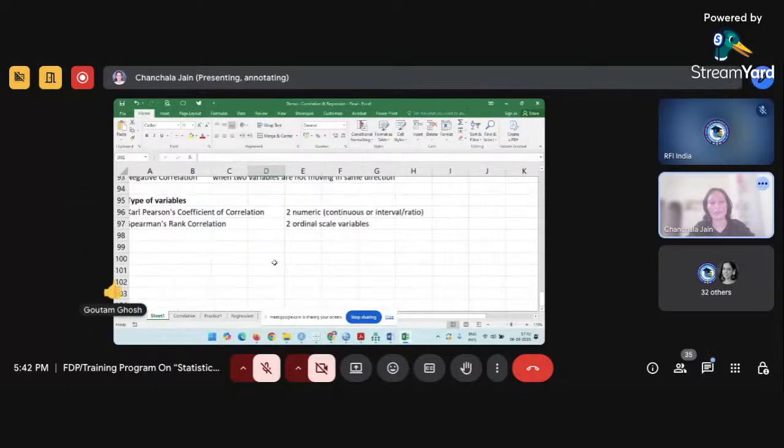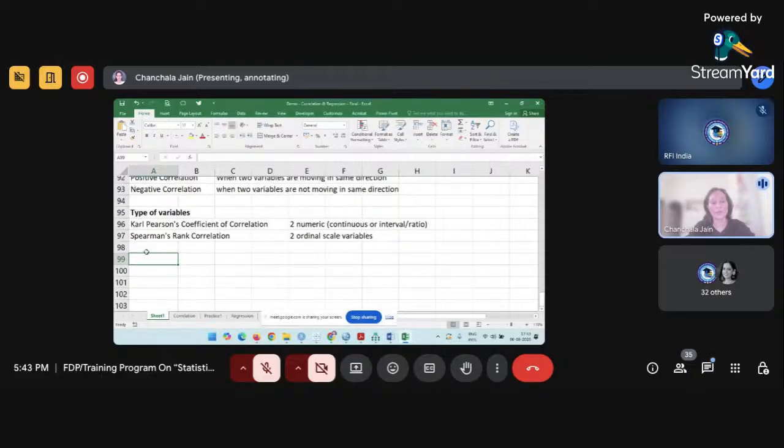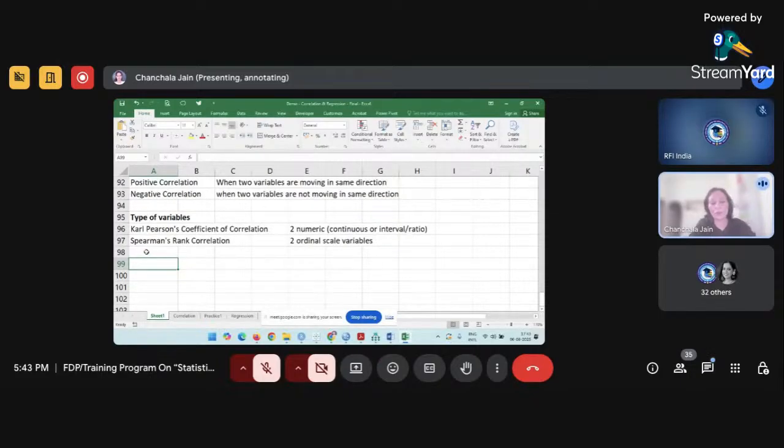Now, talking about one more important thing. When I talk about Karl Pearson's coefficient of correlation, it is generally represented by small r. And I think everyone knows what the range of r is. Anyone? Correlation can be minimum and maximum. What are the values of correlation? Minus 1 and 1.